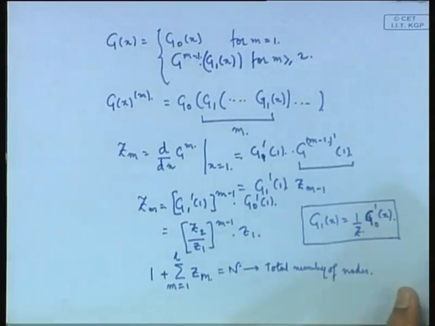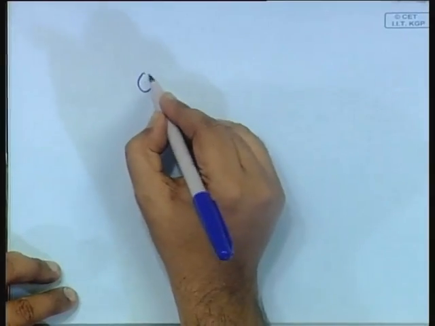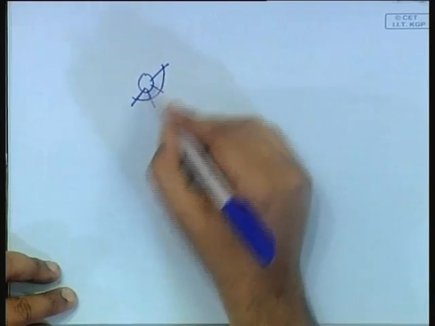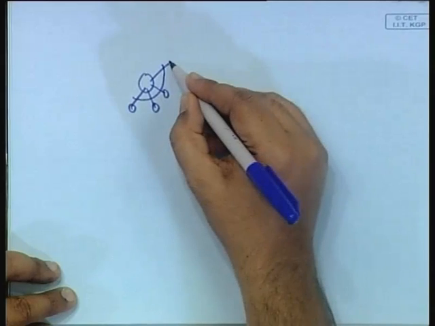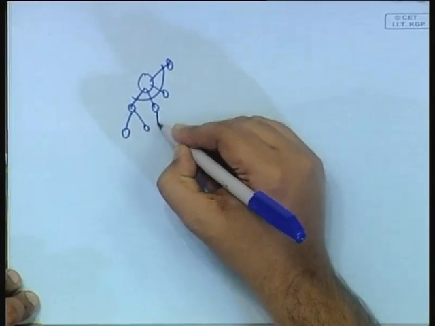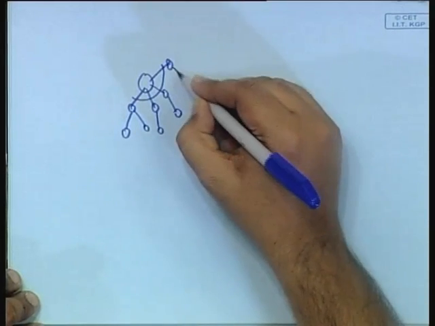So, what is diameter? Again, conceptually let us think what is diameter. If I take this node, I go to neighbors, and if within one step I can reach all the nodes in the network, then I say diameter is 1. If I take 2 steps to reach the entire network, then diameter is 2.